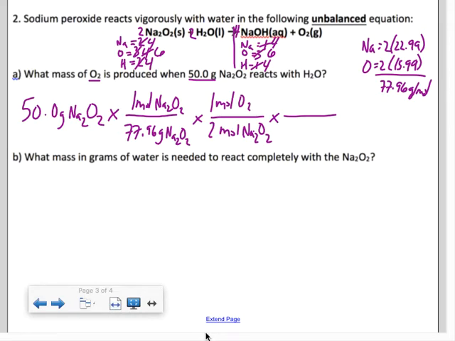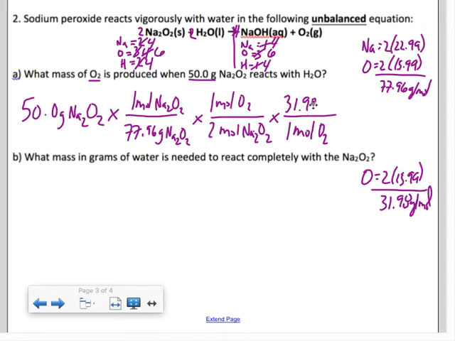If I wanted moles of oxygen, I would be done, but they want mass, so it's grams. What's the molar mass of O2? Oxygen, I'll put it down here, 2 of them at 15.99. You get 31.98 grams per mole. So 1 mole of oxygen gas is 31.98 grams of oxygen.